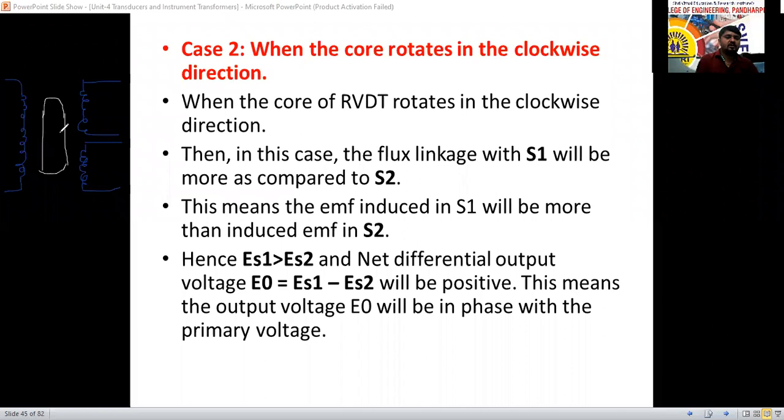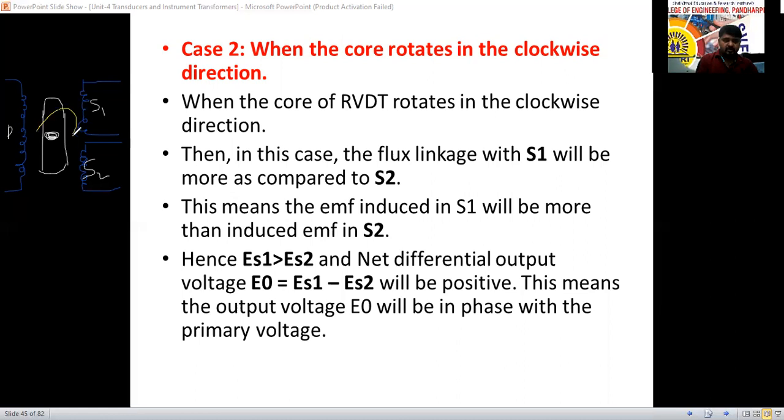In the middle, the shaft we have connected here. It is equally connecting to S1 and S2. That is, the EMF induced in S1 and S2 will be the same. On that condition, we will consider it the null position. And I told you, if it is in the clockwise direction, this shaft, this moving iron, will move like this.